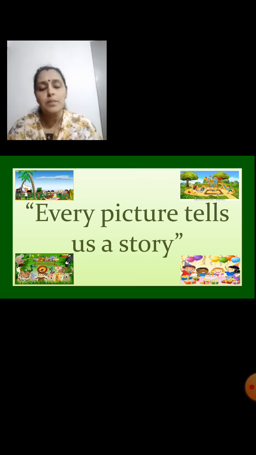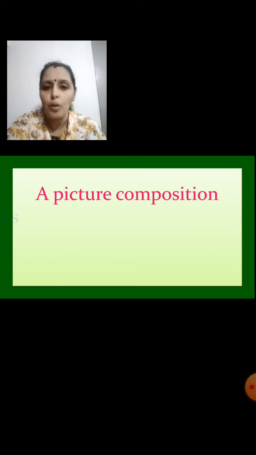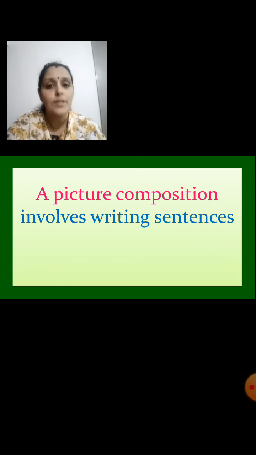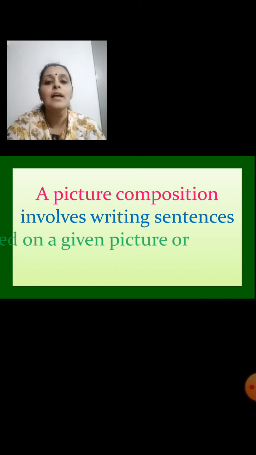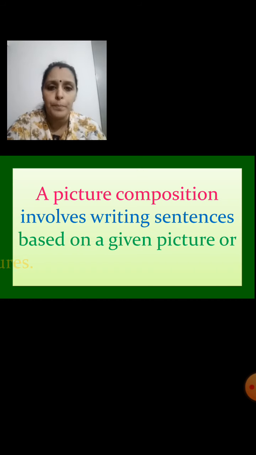Yes. So what is picture? When you see a picture, you're able to tell a story. Seeing a picture, you can summarize what is shown in the picture, what is happening. Yes. So what is a picture composition? Let us see. A picture composition involves writing sentences based on a given picture or a set of pictures.